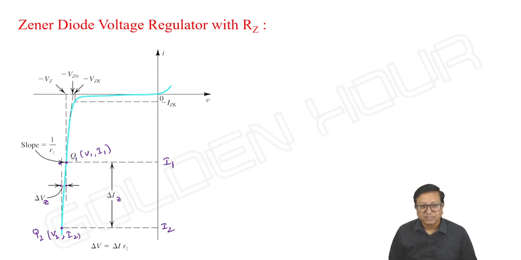Okay. So, then there is a slope. What is the slope of this line? We can write slope is equal to change in y coordinate, that is delta Iz by delta Vz. I can call it as 1 by Rz, slope of this line.